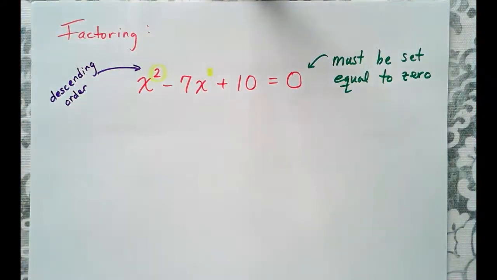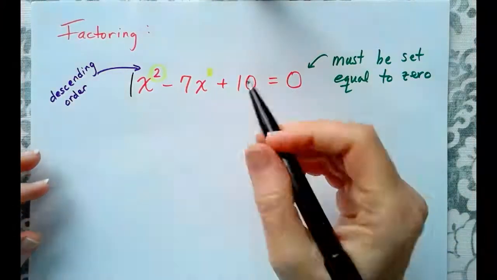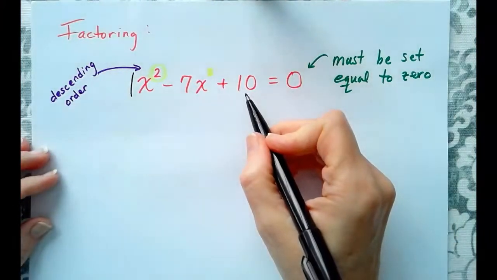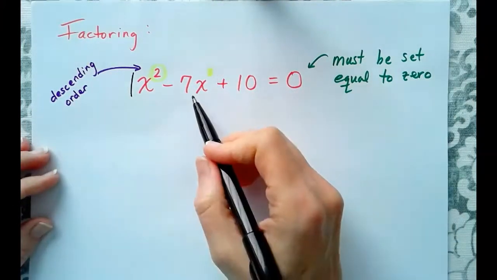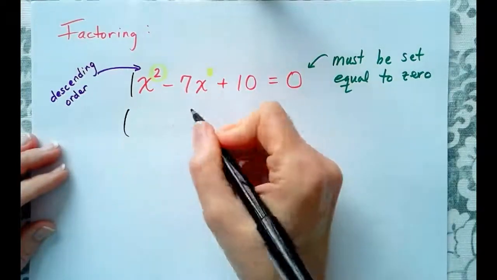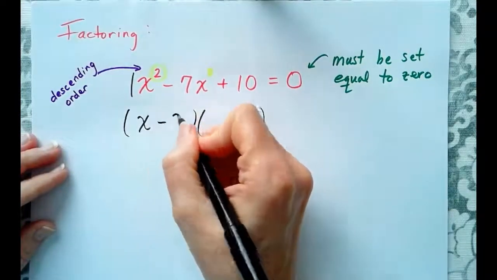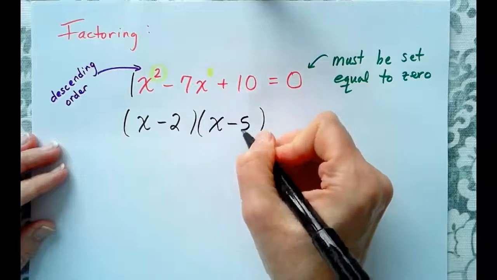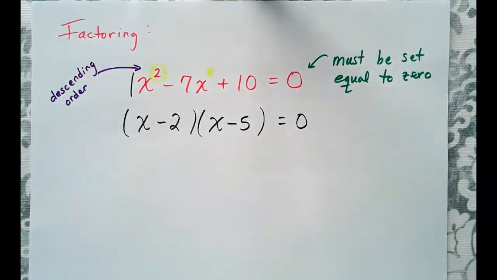In this one, it's pretty simple to factor. First of all, we have a 1 up front, which makes it really easy. And factors of positive 10 that add up to negative 7 are x minus 2 and x minus 5. So we can easily factor that.